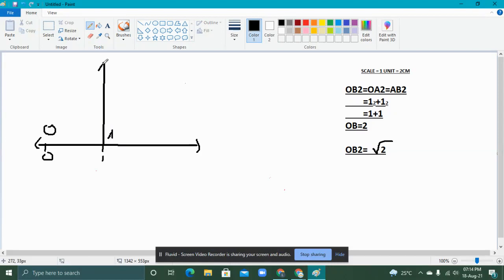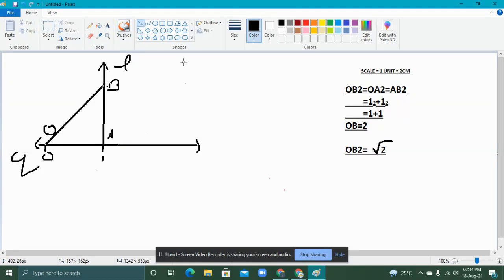Now again arrows. Name this line as Q, and this line as L. This is 2 centimeters, so I will name it as B. Now draw another line O to B.